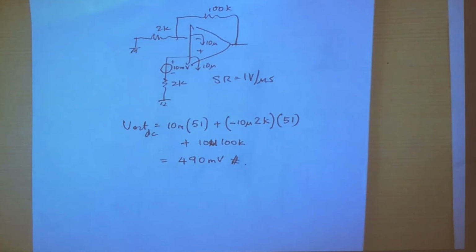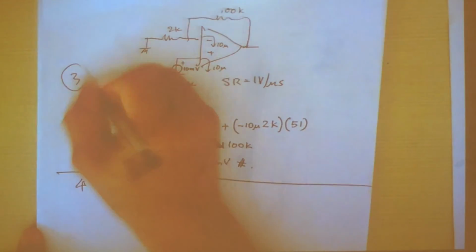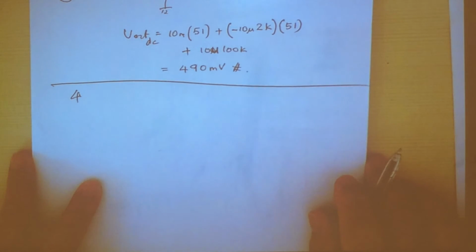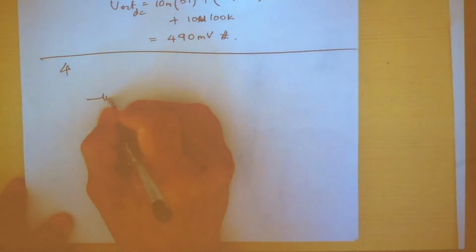Okay, let's take a look at question 4. In question 4, we have the same question as we have seen last week. We put two amplifiers in cascade.